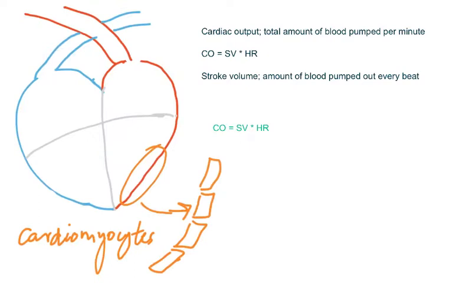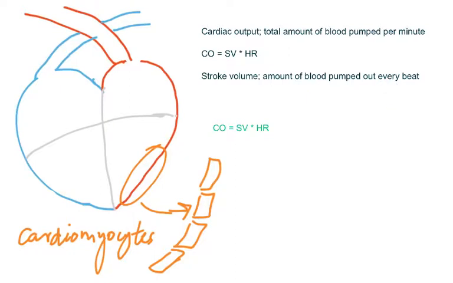The heart's ability to meet the demand of the body is called cardiac output. Cardiac output is defined as the total amount of blood pumped out of the heart per minute, and it is a product of stroke volume and heart rate, where stroke volume is defined as the amount of blood pumped out every beat or with each contraction.